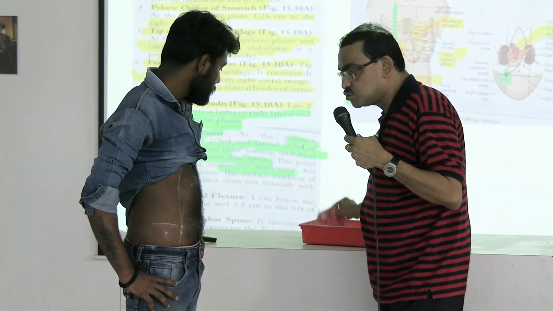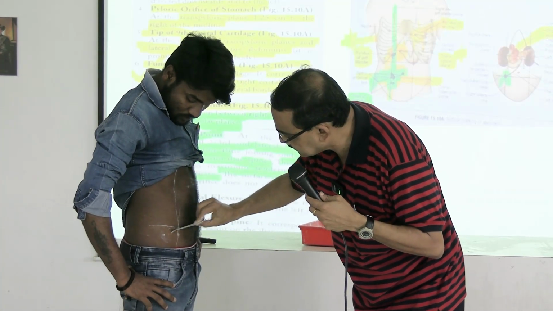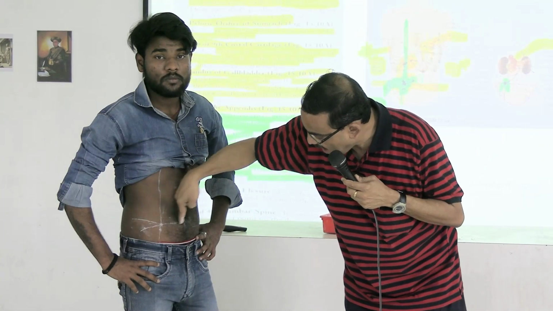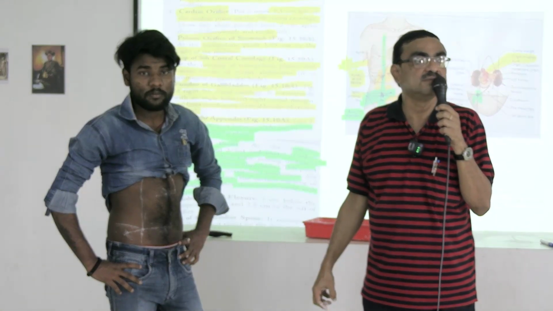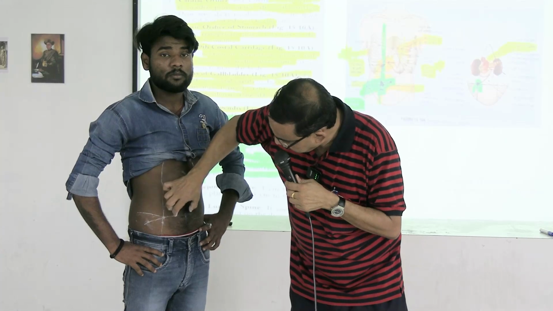I can feel it here, and this is the umbilicus. I will join these 2 points with a line which is called the spino-umbilical line. Spino-umbilical line means anterior superior iliac spine and the umbilicus.